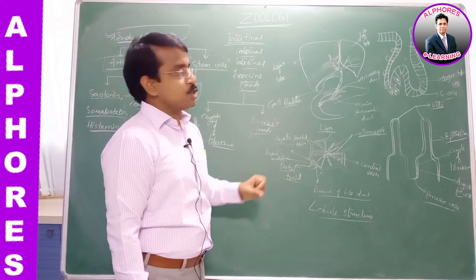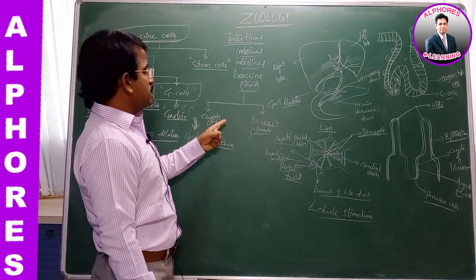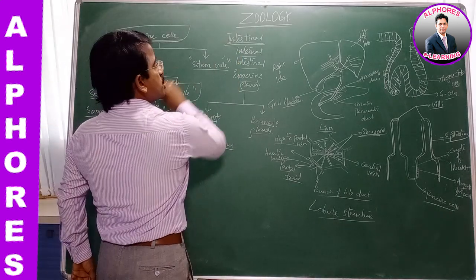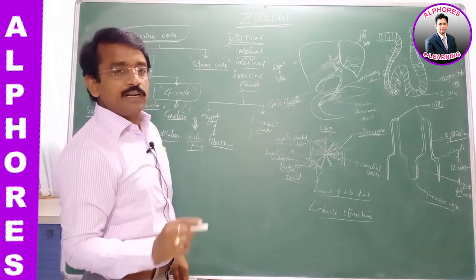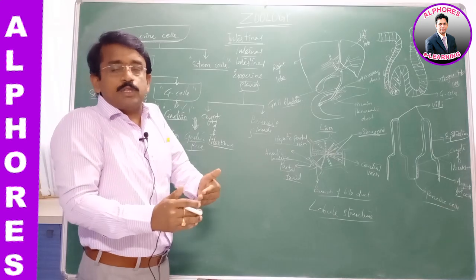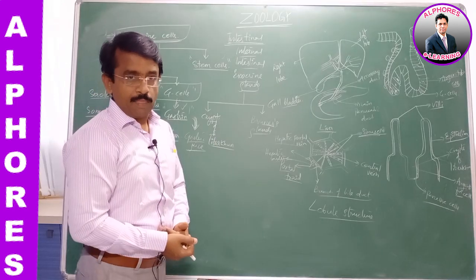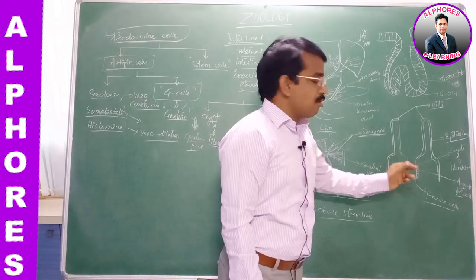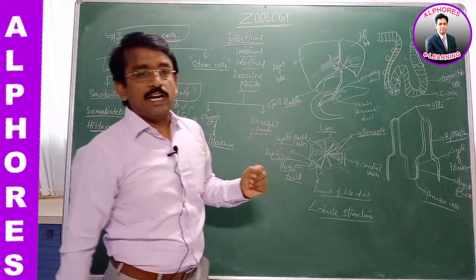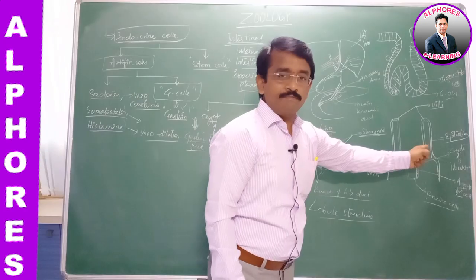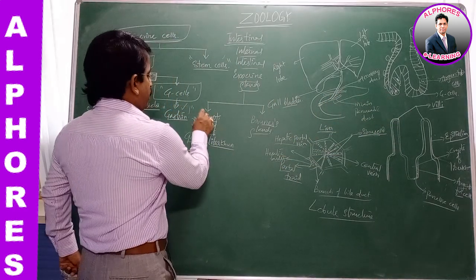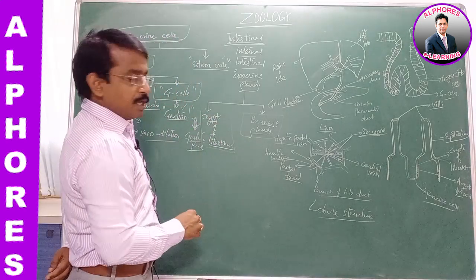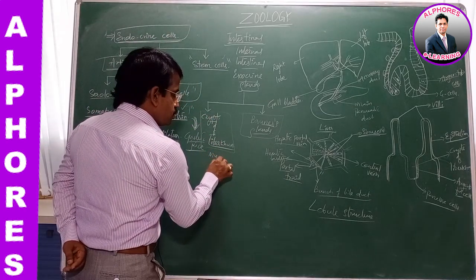So intestinal juice is also named succus entericus, and these glands are internal intestinal glands since they are present in the mucosa region. Basically, the intestinal epithelium, which is a columnar epithelium, forms the intestinal glands and villi. So the intestinal glands are crypts of Lieberkuhn and Brunner's glands. These are present in the mucosa region.